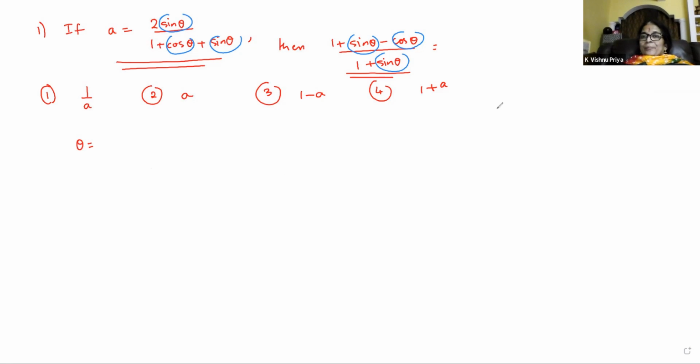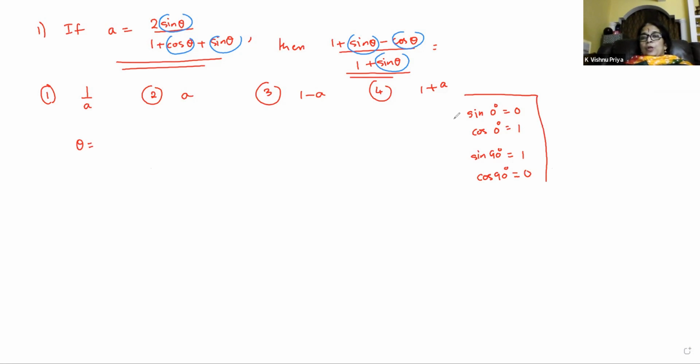Do you know why? Because you know the values. Sine 0 degrees is 0. Cos 0 degrees is 1. Sine 90 degrees is 1. And cos 90 degrees is 0.